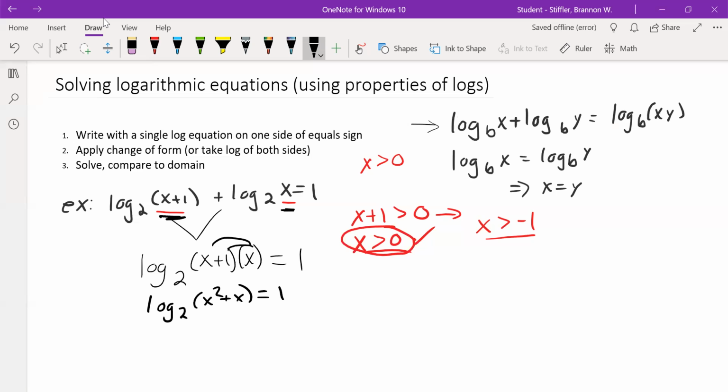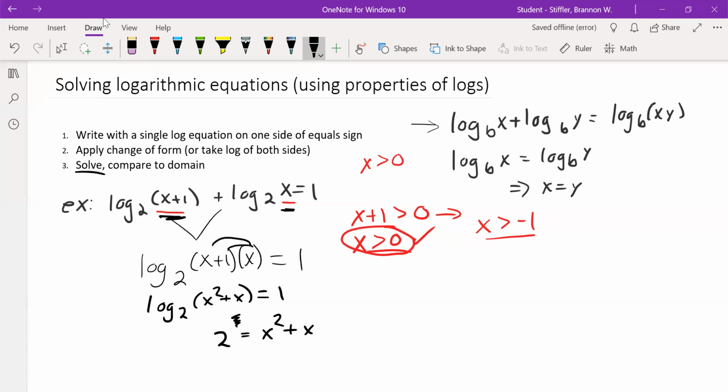Now, since I have a single log on the left side of the equation, I'm going to change my form. I'm in log form right now. I'm going to change to exponential form. You recall that means my base 2 to the power 1 equals x squared plus x, or just 2, since 2 to the power 1 is just 2.